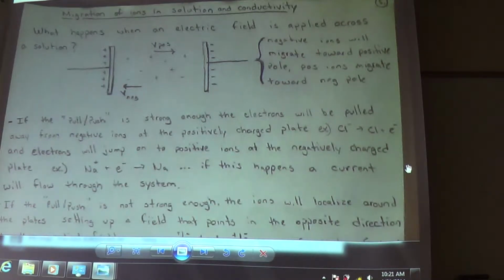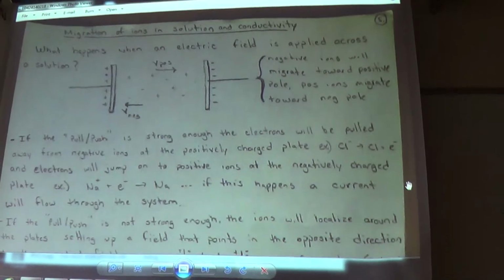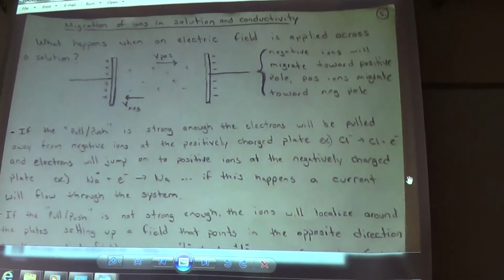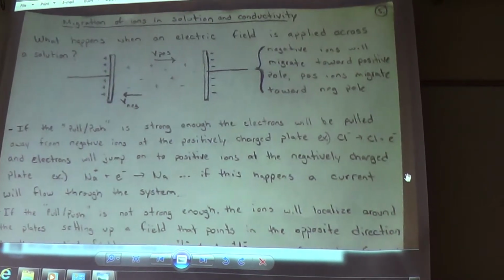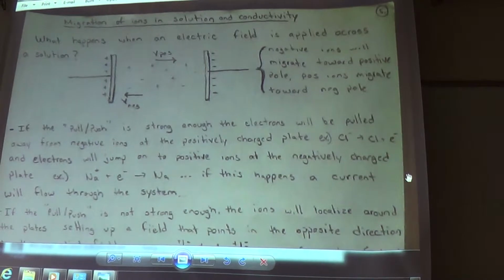So essentially, systems that have electric potentials applied across them act to try to minimize that potential by establishing fields in the reverse direction. If the potential is strong enough, then the charges will end up being ripped off the negatively charged ions at the positive plate, and charges will be donated to the positive ions at the negative plate, and you'll have a current that flows through the system.